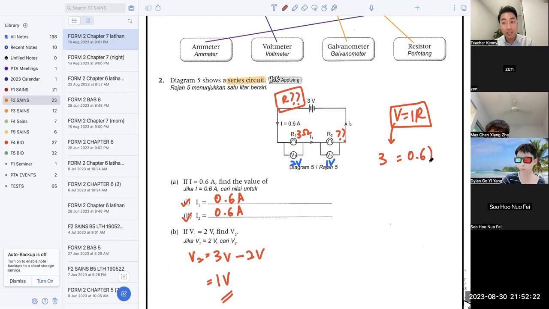So with these two, can I find my R? Can or not? This is times R, so bring down, divide. Agree or not? Can you please use calculator and type out for me? 3 divide 0.6 is how much?